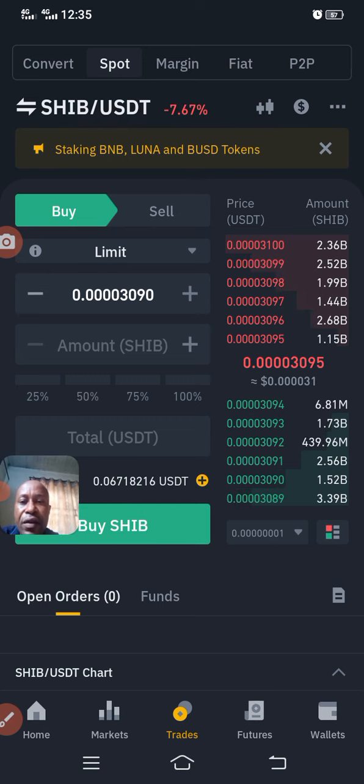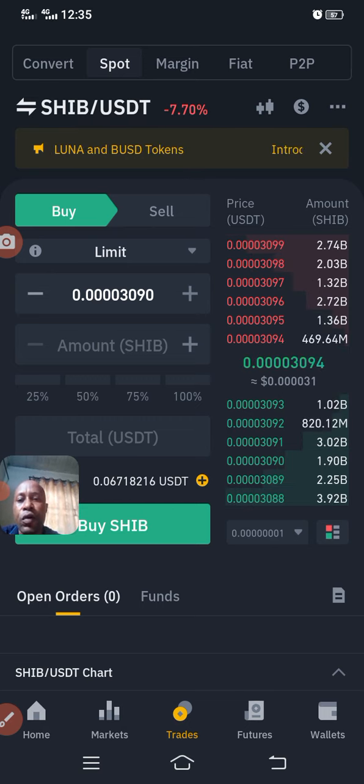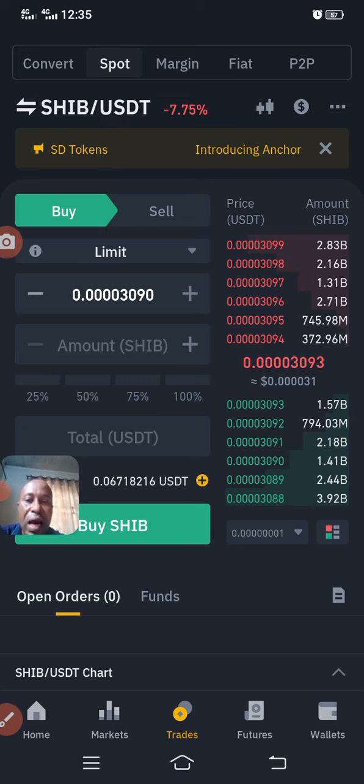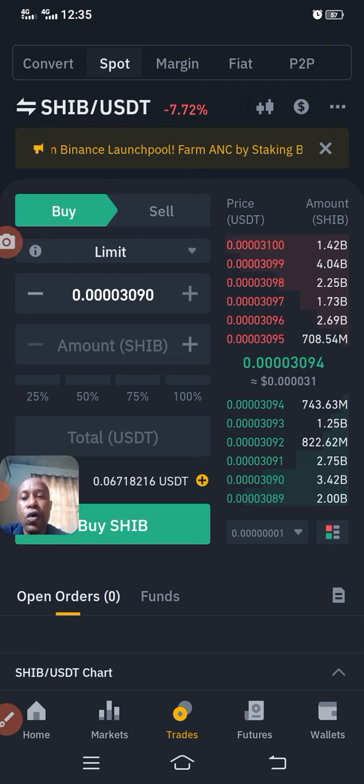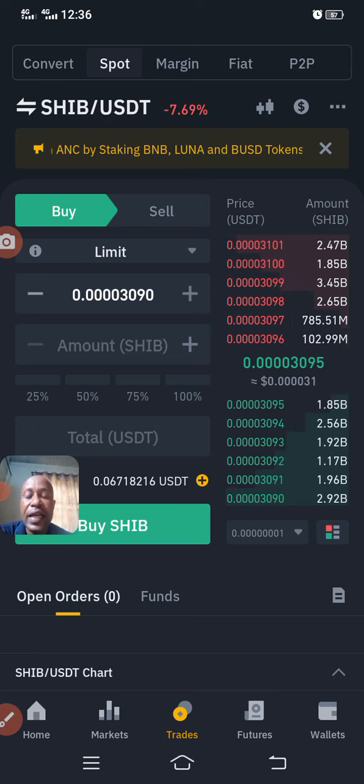Immediately I click buy Shiba USDT, my order will not instantly execute. Why? Because I went below the market price, and something actually tells me why I should go below market price. When we move to technical analysis, that will help you understand how to buy, how to place a limit, where you should place a limit, and the reason why you should place a limit.